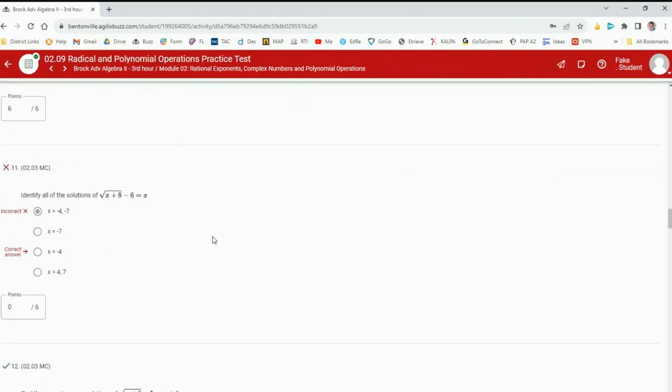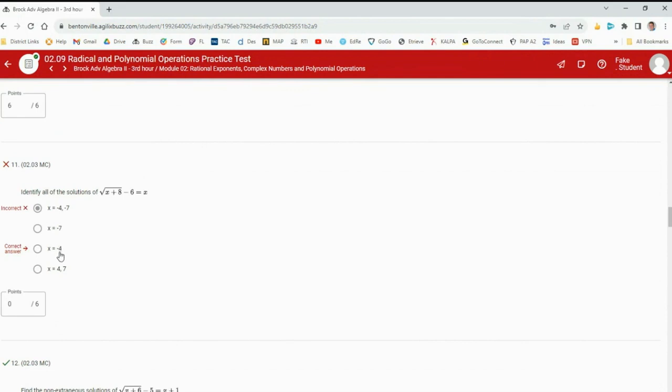That was identify all the solutions. Okay, that's one that we checked and we determined that 7 was an extraneous solution. But when they wanted all the solutions, they meant to throw out the extraneous ones.